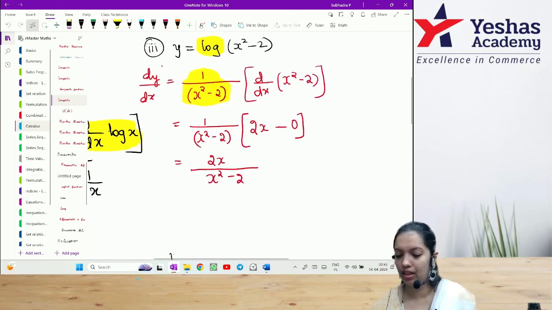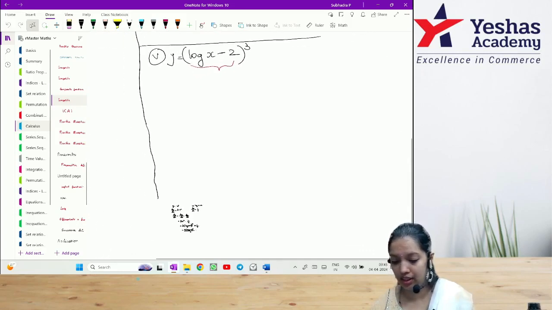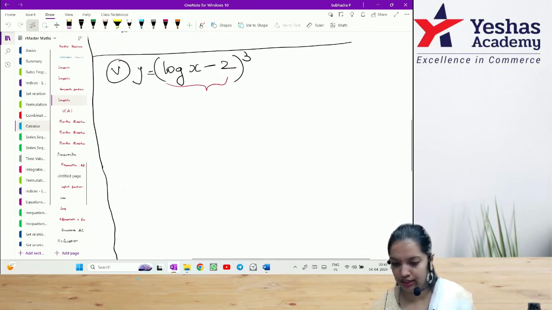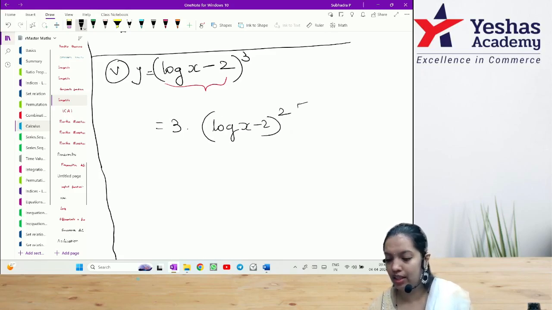Next, is this the question? Check your answer. It looks like 3 into log x minus 2 the whole square into derivative of log x minus 2.